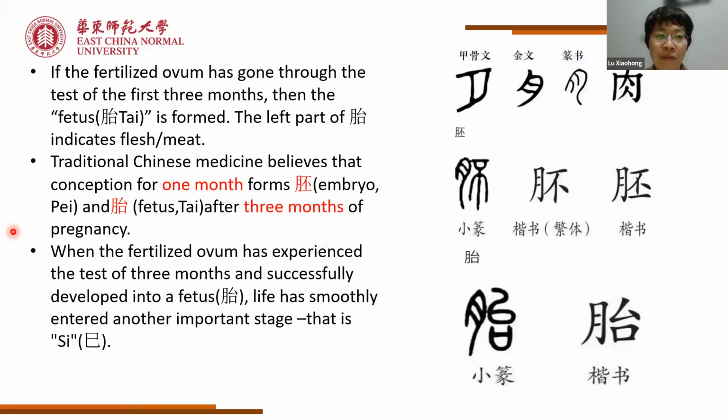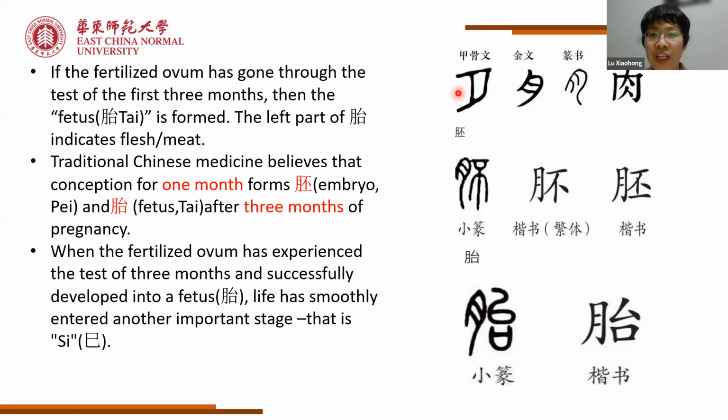Now, if the fertilized egg or ovum has gone through the test of the first 3 months, then the fetus is formed, which is Tai, not different from the word Tai in the last slide. The left part of Tai indicates flesh or meat. You can see the left part is flesh or meat.